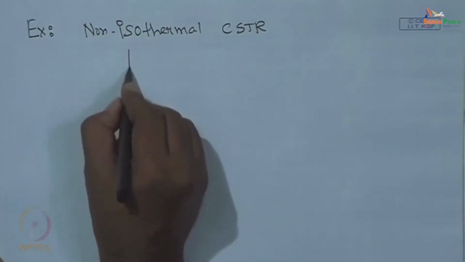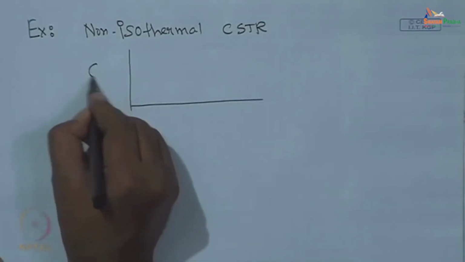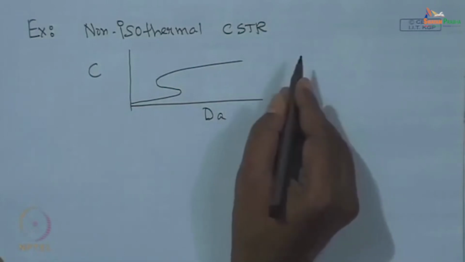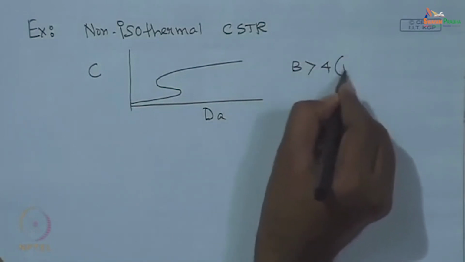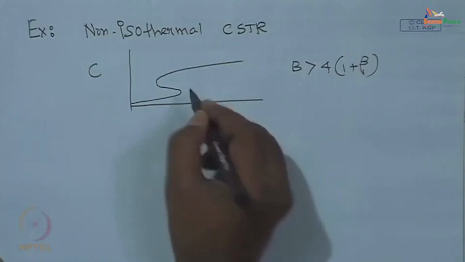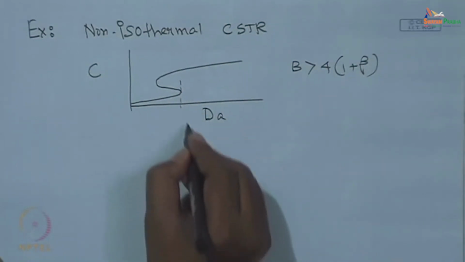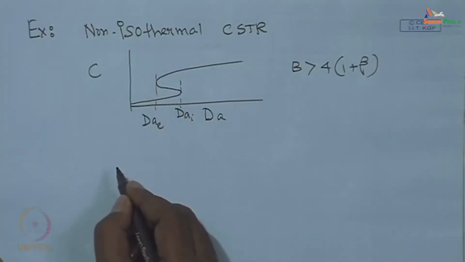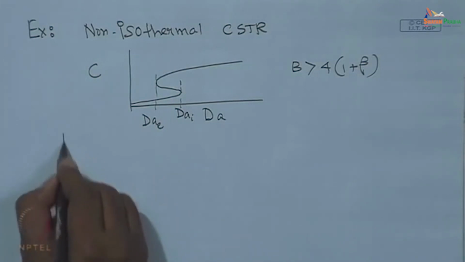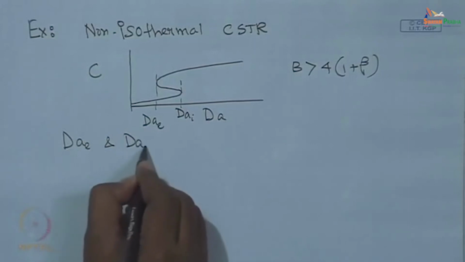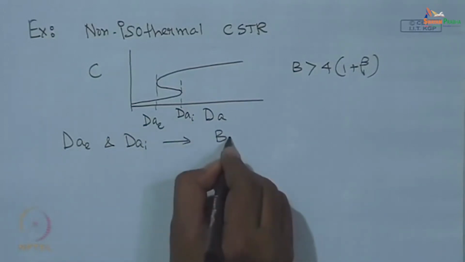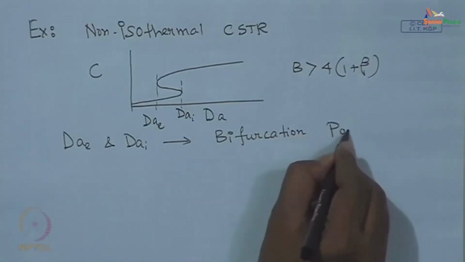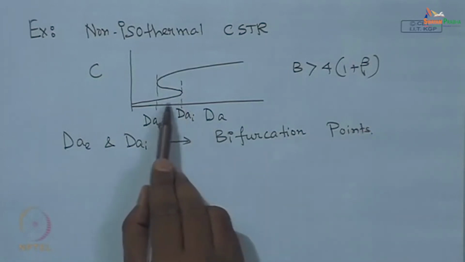If you look into the unstable solution, the variation is something like this. If B is greater than 4 into 1 plus beta, then this is DaI, ignition, and this is DaE, the Damkohler number for extinction. DaE and DaI are called the bifurcation points.